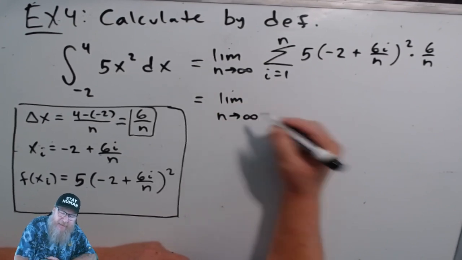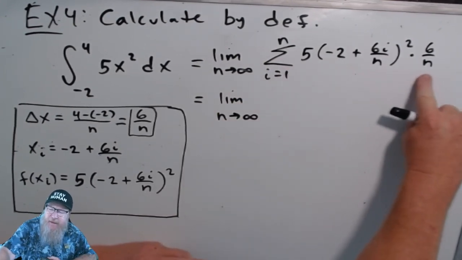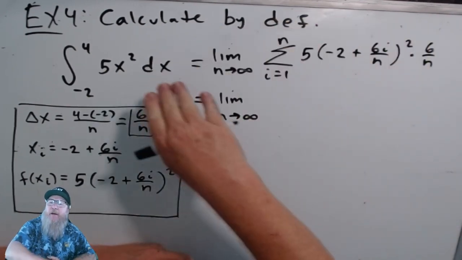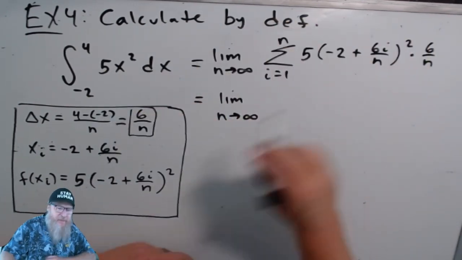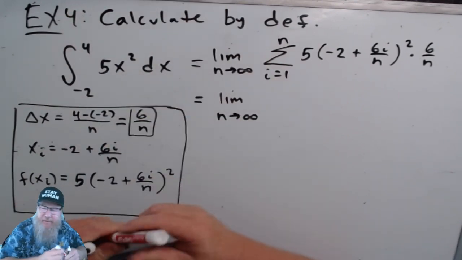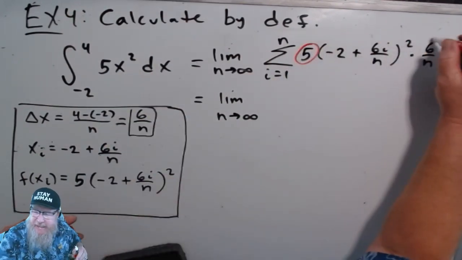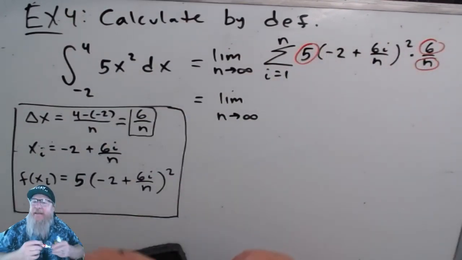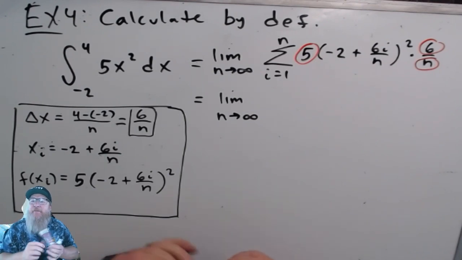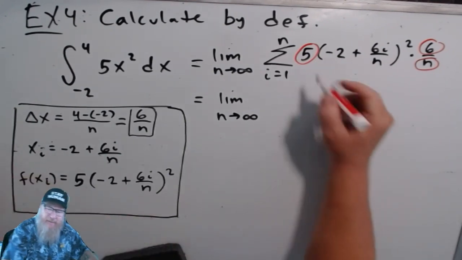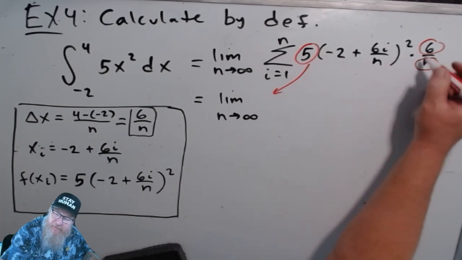Now, anything that does not have an i in it can be brought out like a constant. So the 5 and the 6 and the n do not involve i, so they can be brought out to the front.